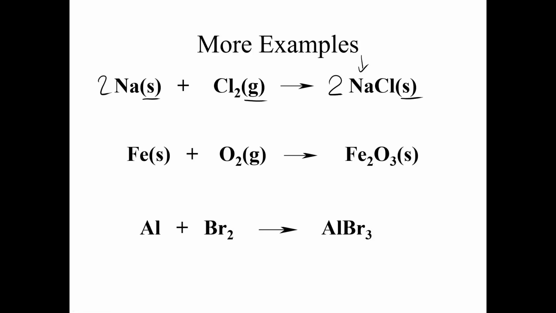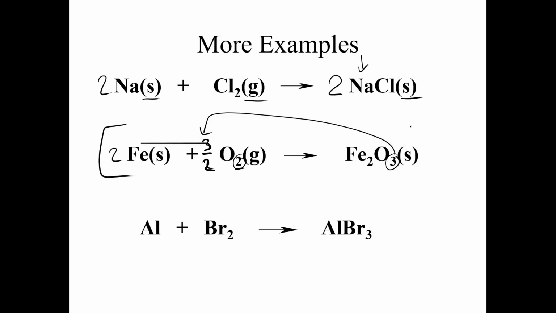The next one is a little bit more involved, but still not very hard, right? Iron is easy to fix. We have 2, so I just put a little 2 in front of iron. For oxygen, we have 3, but we have 2 over here, so in a way I need 3/2 of that, right? I can take this 3 and put it over here with that little subscript under it. That tells me I need 3/2, but I can't have 3/2, so to get rid of it, I multiply by 2.